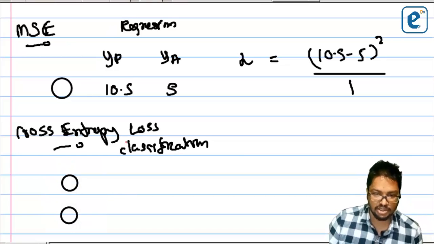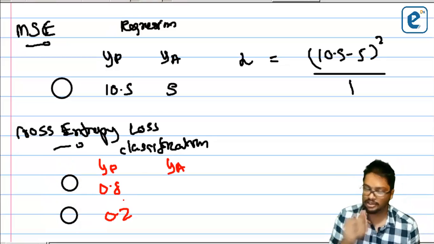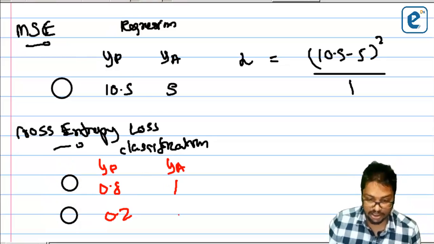Then we have yp and ya. You know that yp will be 0.8 and 0.2, since they add up to 1, and ya will be 1 and 0.